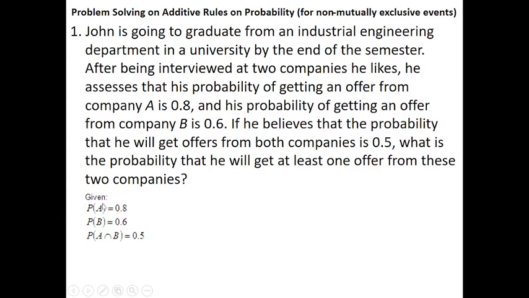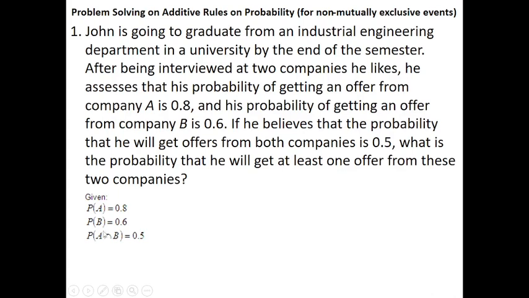And his probability of getting an offer from company B is 0.6. He believes that the probability that he will get offers from both companies is 0.5. So this is both companies, so A and B.